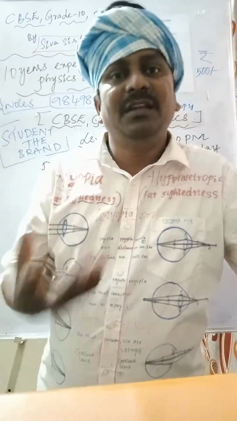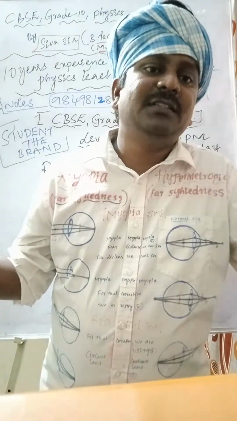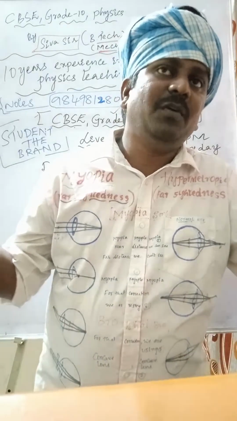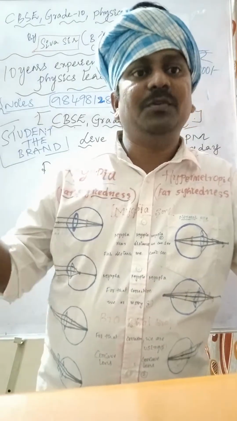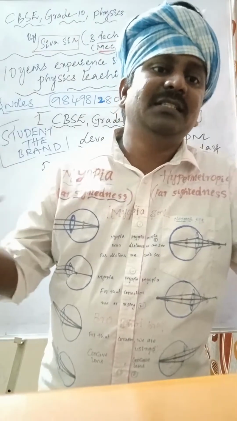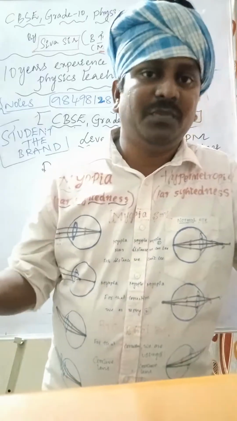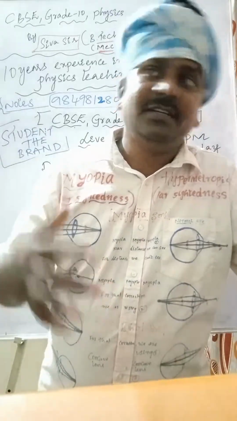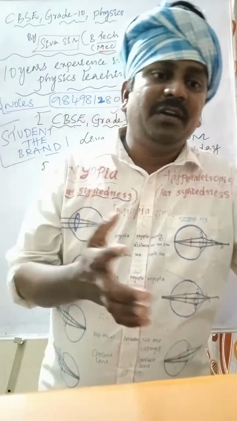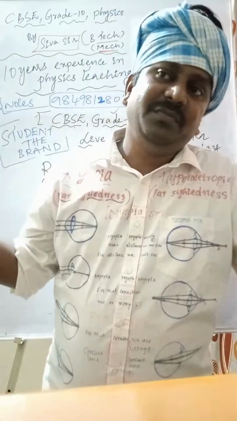The far point is the maximum distance up to which the person can see the object. Near point is 25 centimeter, far point is infinity.